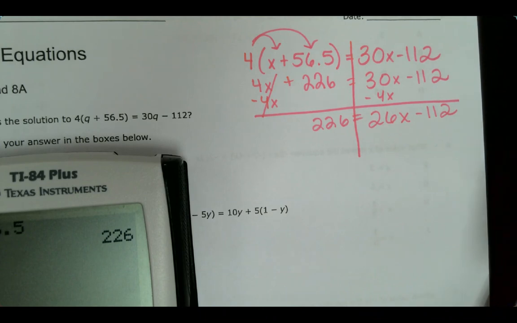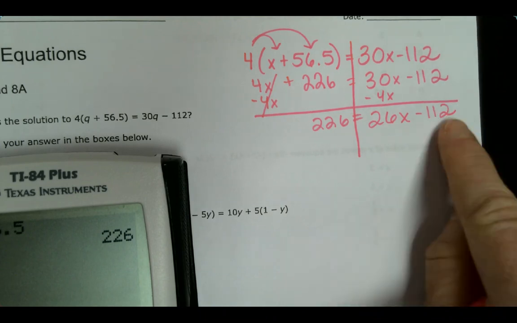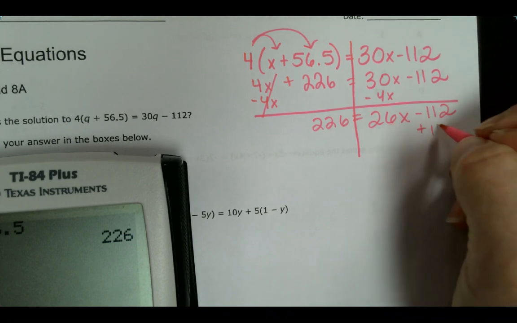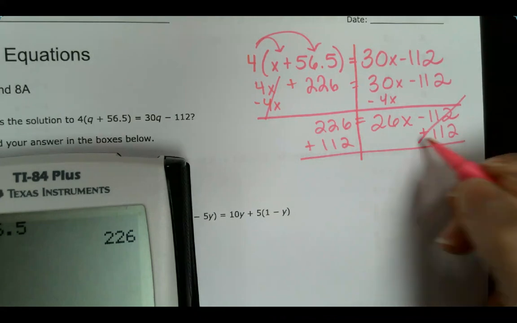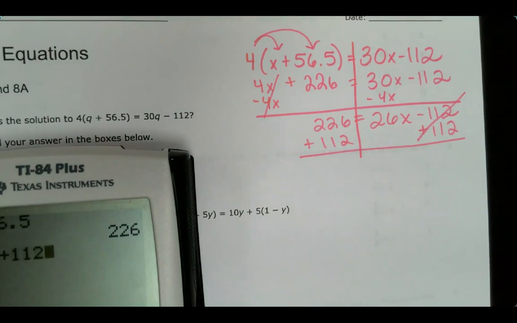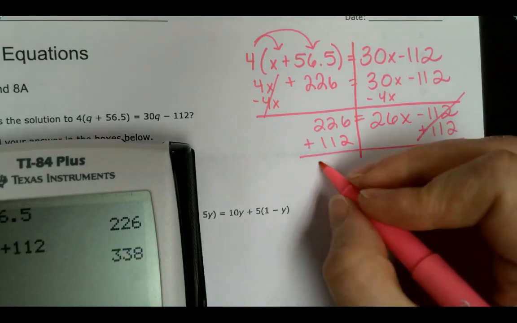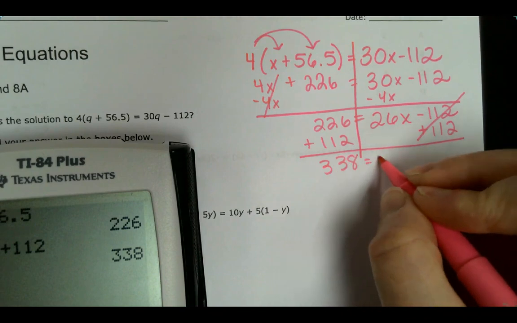The whole goal is to get it by itself. So we need to move this 112 to the other side. 338 equals 26x.